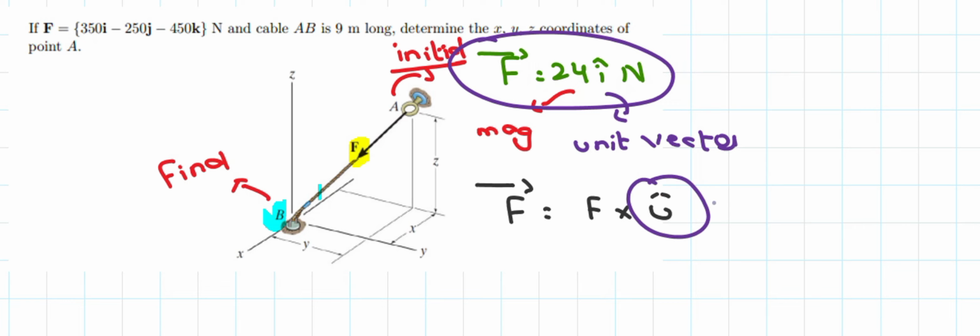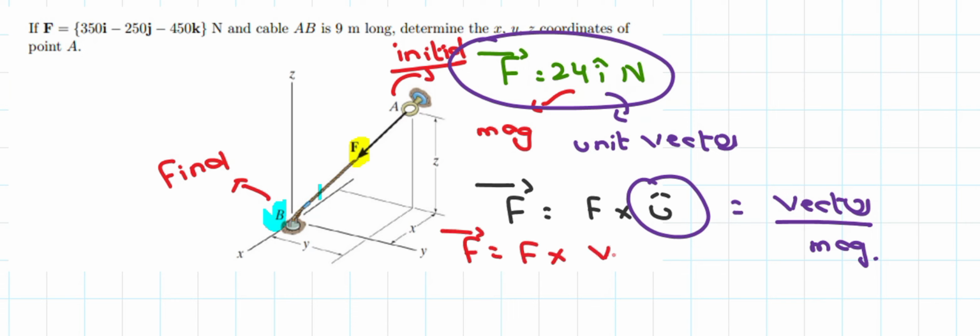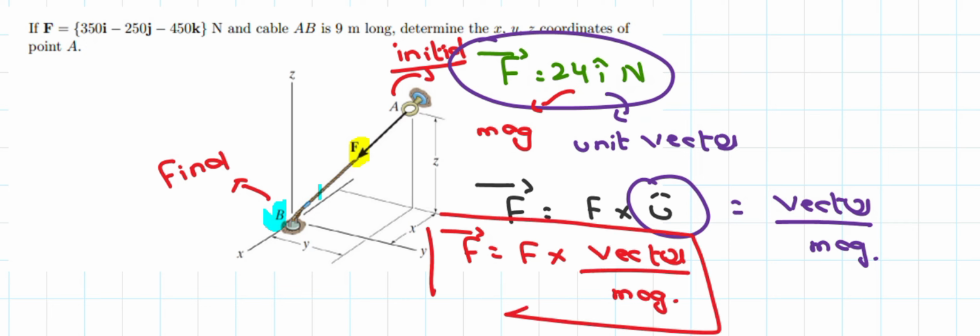And this unit vector is nothing but the vector upon its magnitude. So we can write vectorial force equal to magnitude of force into the vector upon the magnitude of the vector.